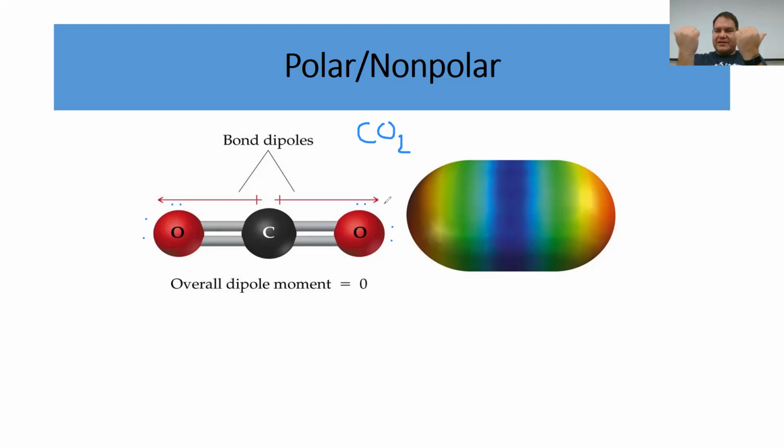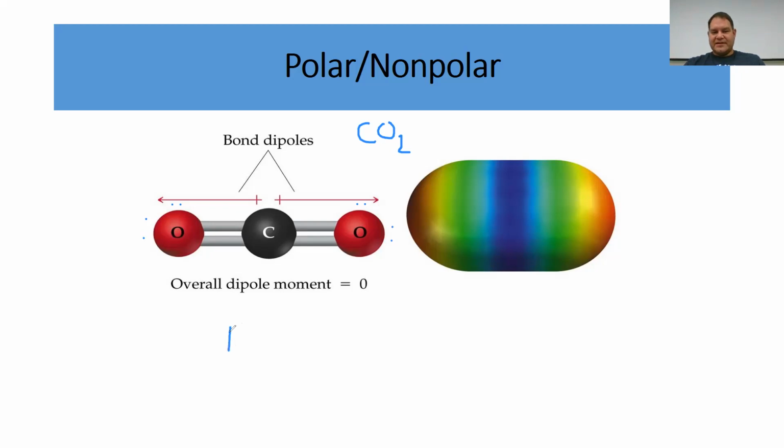So because the two dipole arrows are pointing in opposite directions, we are going to say that the overall dipoles eliminate one another, and therefore this molecule has no net dipole and essentially is nonpolar.